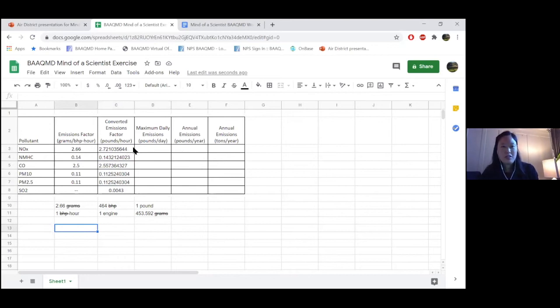So how do we convert pounds per hour to pounds per day? Well, we know in our example, there's a maximum 24 hours per day that this engine can operate. So we do 2.72 pounds per 1 hour, and we have 24 hours in 1 day, a maximum 24 hours.